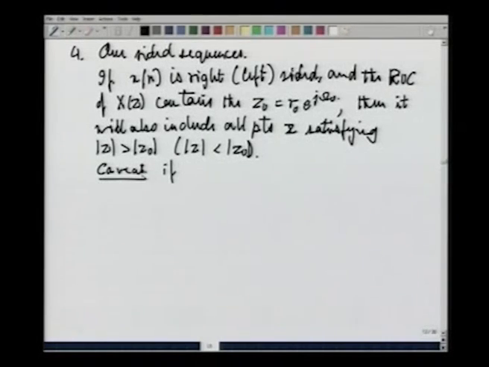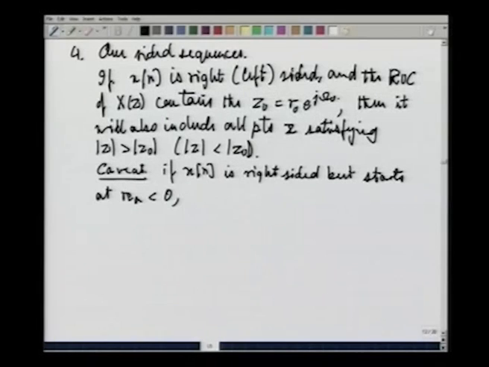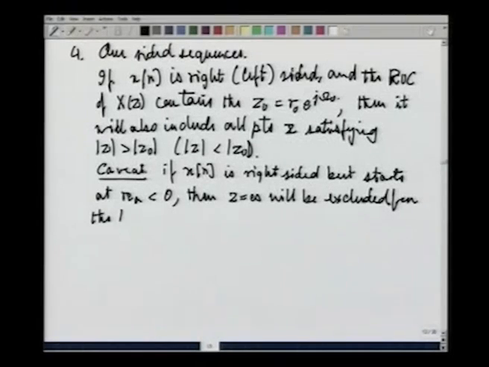If x[n] is right sided but starts at n a less than 0, then z equal to infinity will be excluded from the ROC.